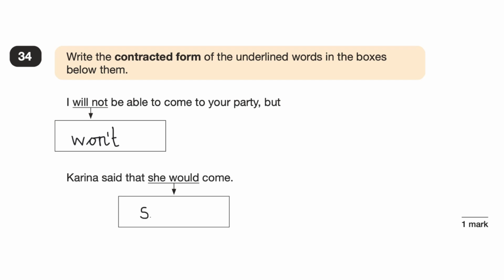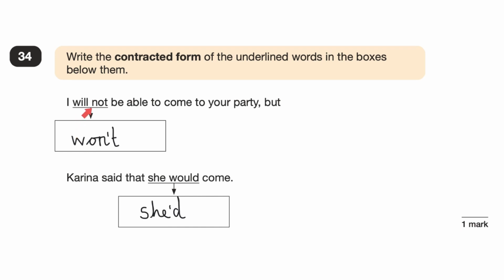Okay, so it's S-H-E apostrophe D. Okay, so we can reread that. I won't be able to come to your party, but Karina said she'd come. Very simple, very straightforward. And again, we must reference the fact that you need to get both of these correct in order to get the mark.